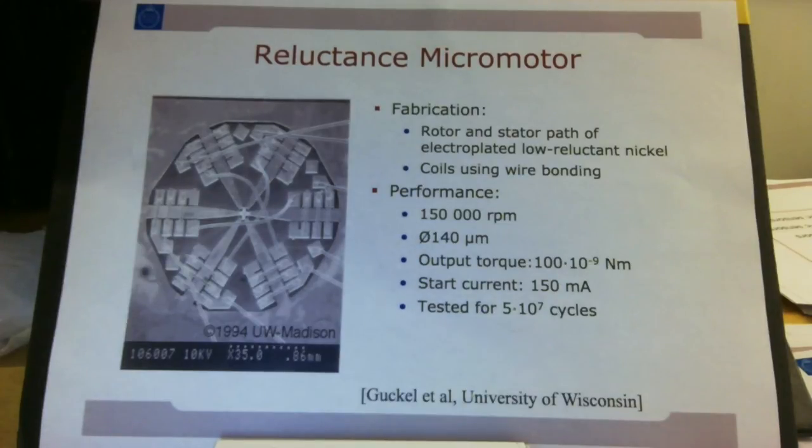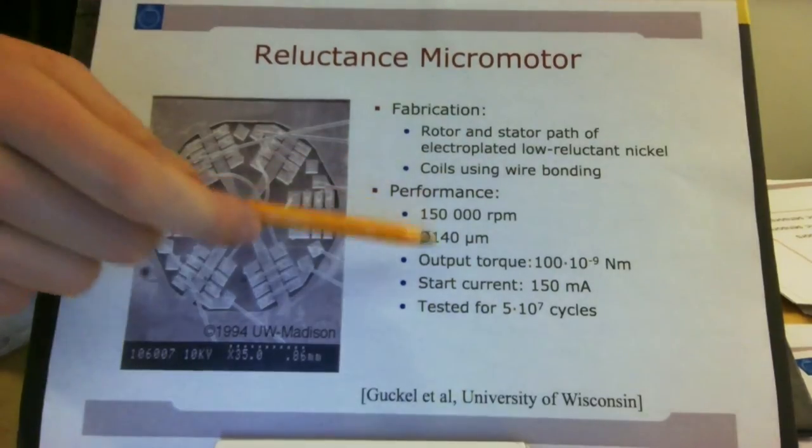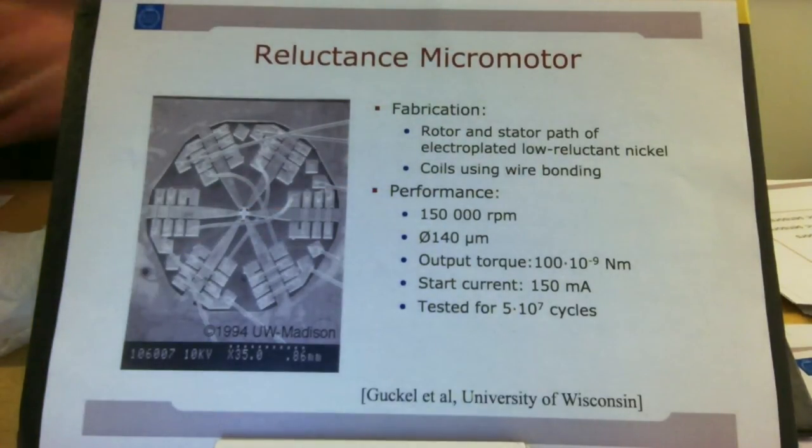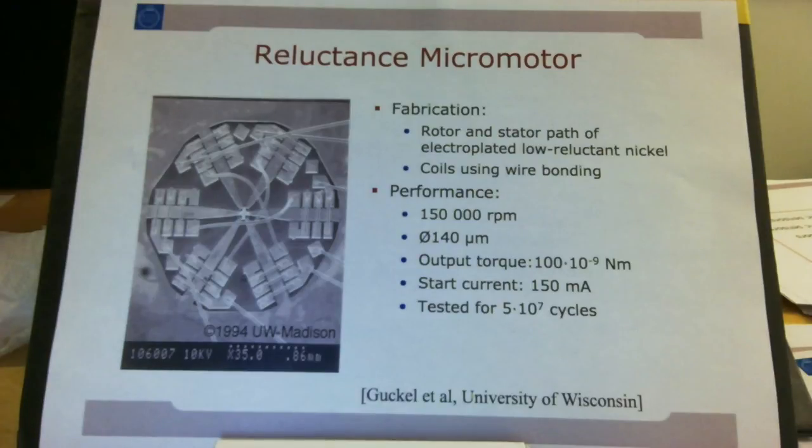This is work from typically the end of the 80s, beginning of the 90s, the rather early days of MEMS, where people were playing around with things. But as far as I know, these kinds of systems do not have an application. And of course, you can see very low torque, and yeah, they get stuck also.